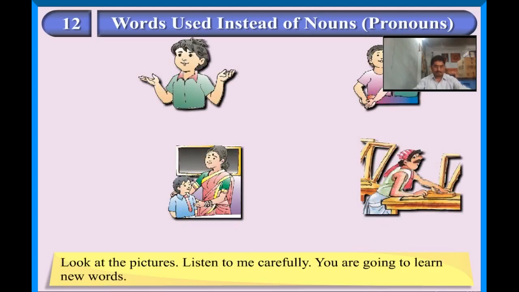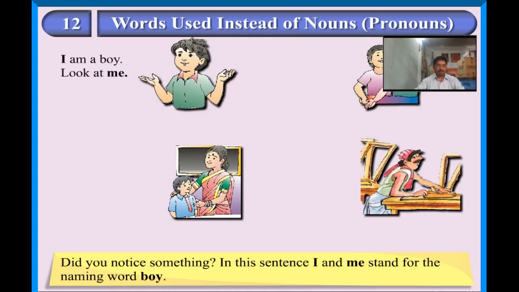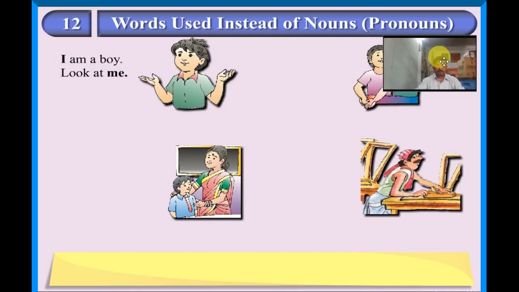Listen to me carefully. You are going to learn new words. I am a boy. Look at me. Did you notice something? In this sentence, I and me stand for the naming word boy.